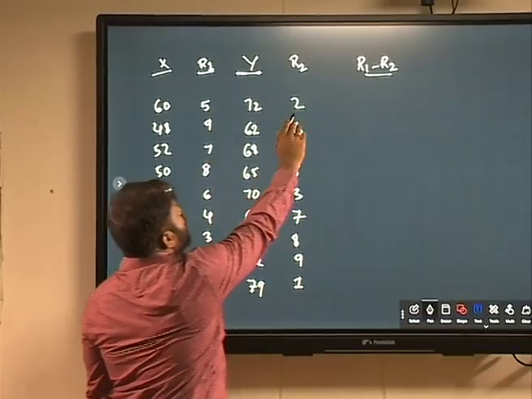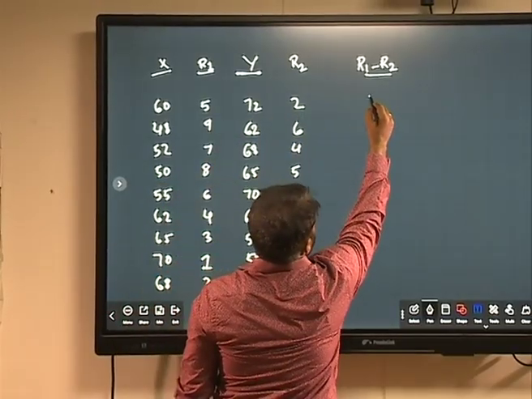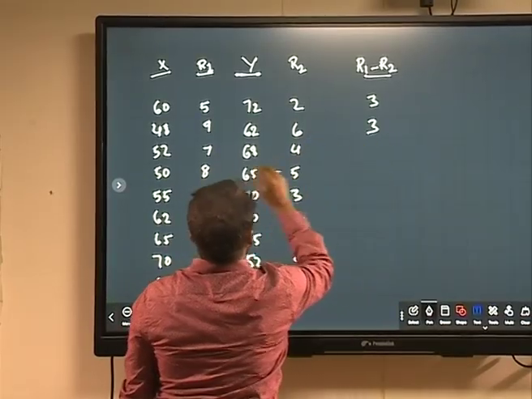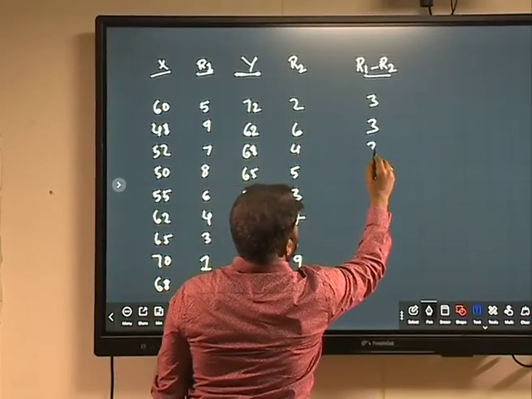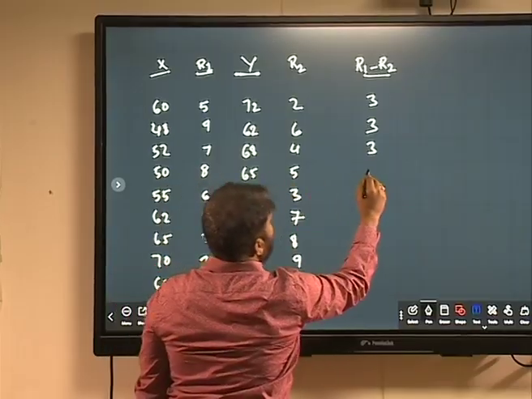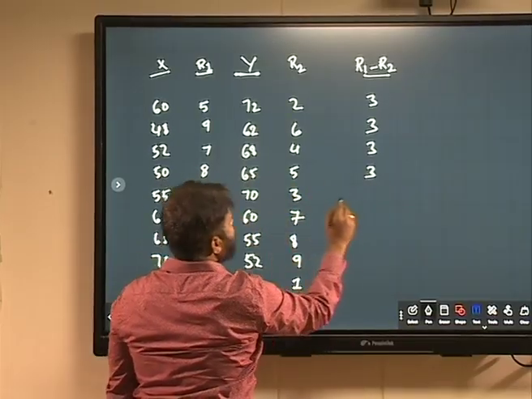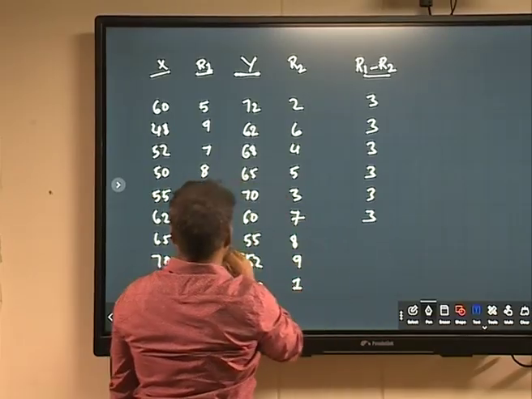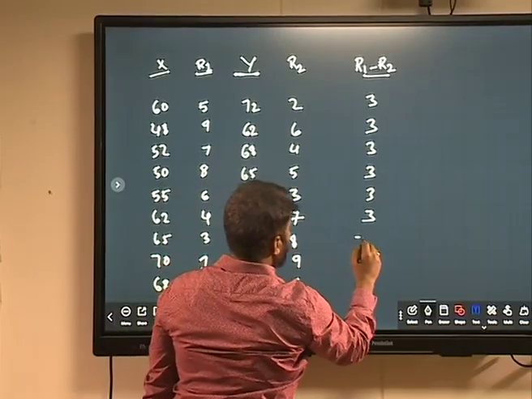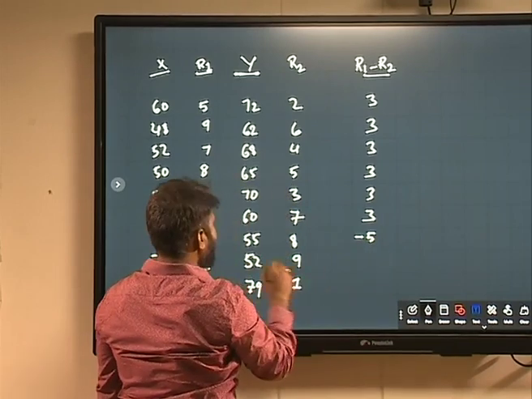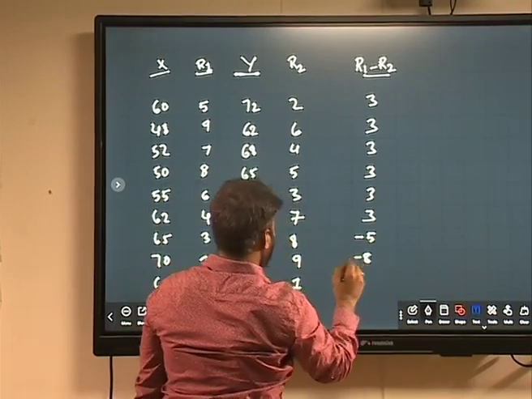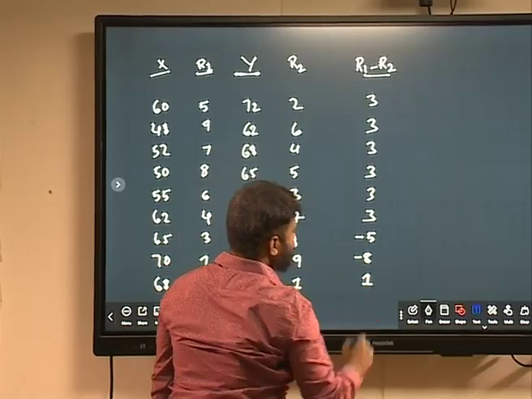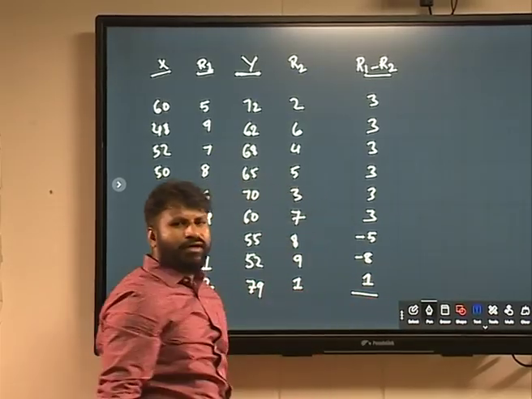So 5 minus 2, that is 3. 9 minus 6, 3. 7 minus 4, 3. 8 minus 5, 3. 6 minus 3, and 4 minus 7, again 3, and 3 minus 5, 1 minus 8, 2 minus 1, 1. So this is the difference of ranks.